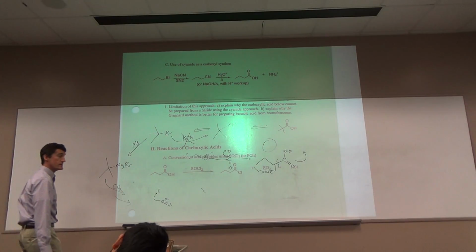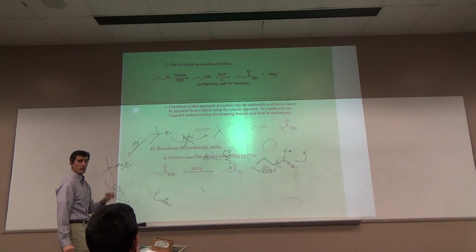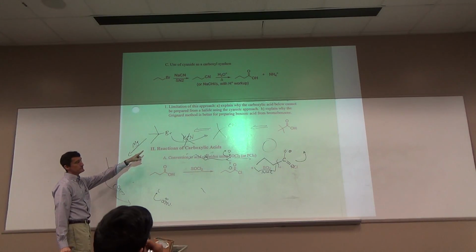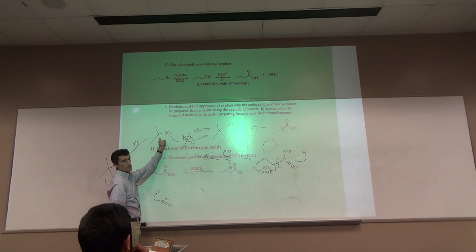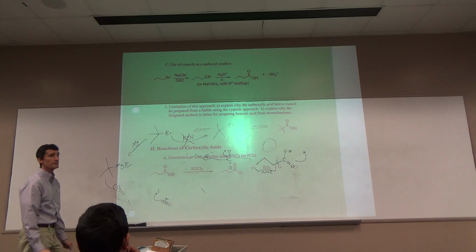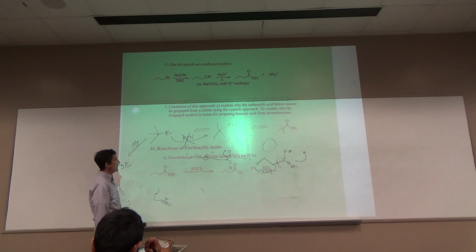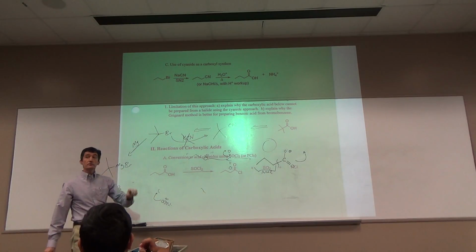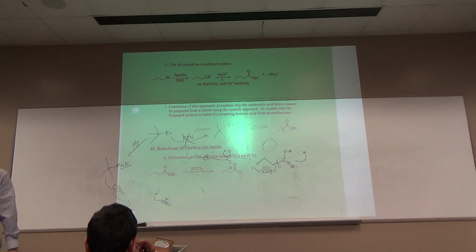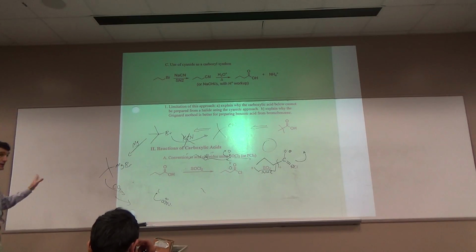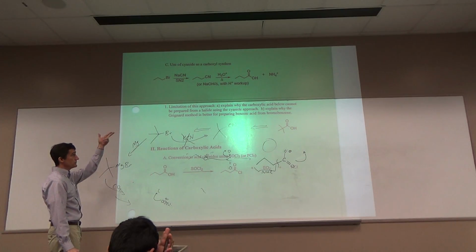Yeah, the Grignard method works here. So just keep in mind some of your limitations. Okay, there you go. We've seen all the ways we're going to make carboxylic acids: three or four review reactions and then two new ways.